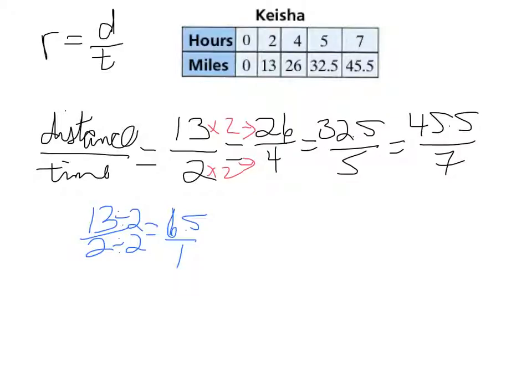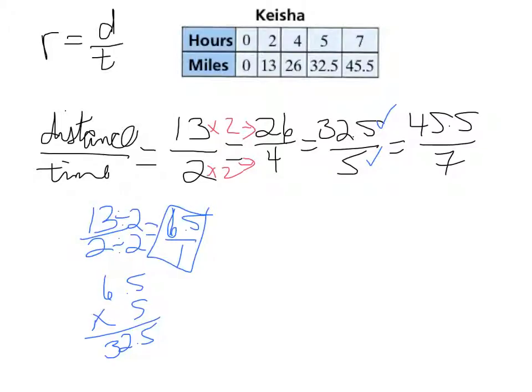So if we want to see if 5 works, we're going to take 6.5 times 5. So 5 times 6.5 is 32.5. So this is in proportion because it follows our unit rate that we just figured out. We're going to do the same thing for 45.5.